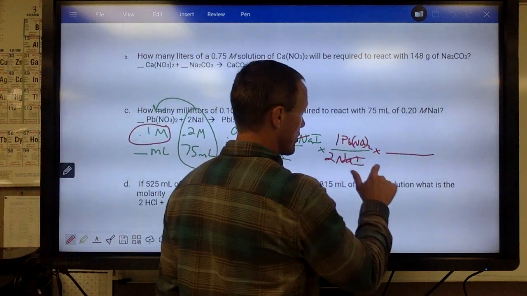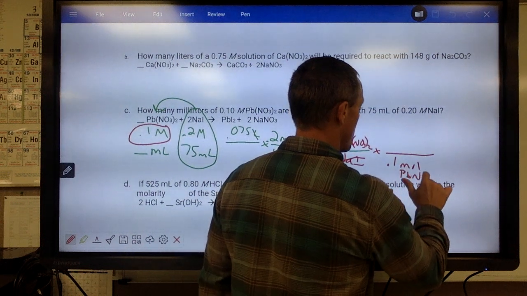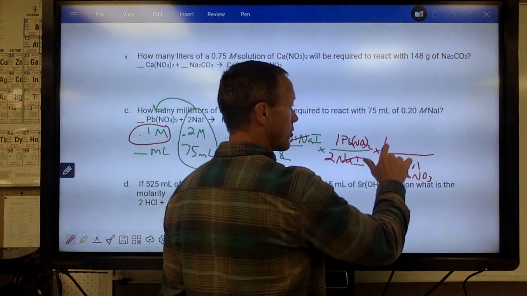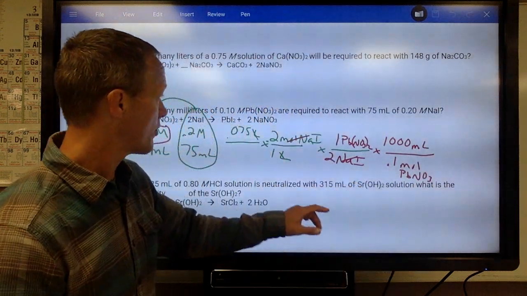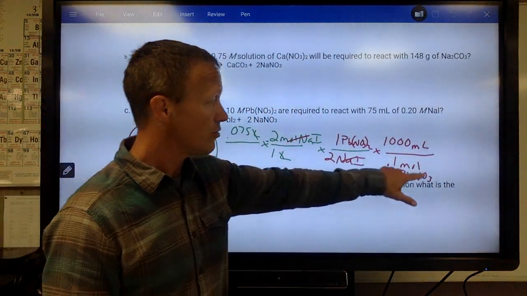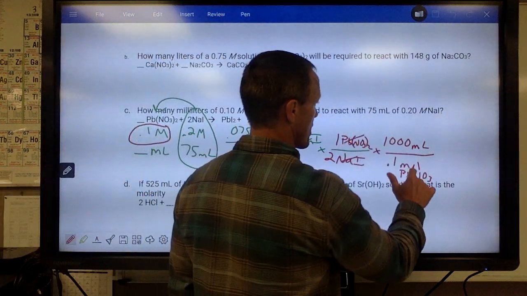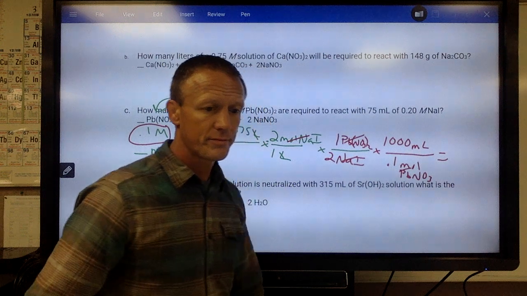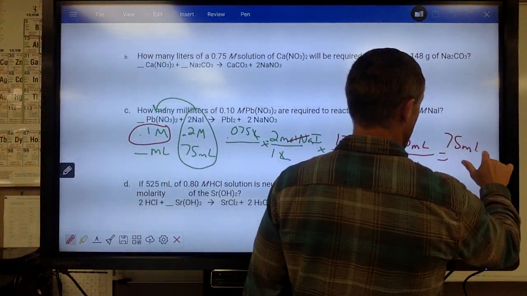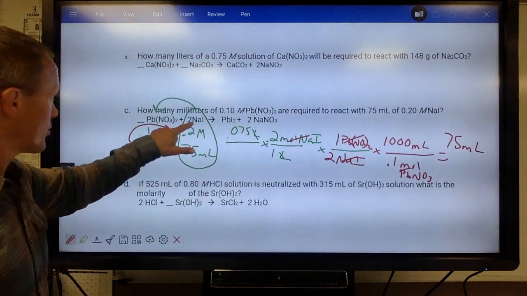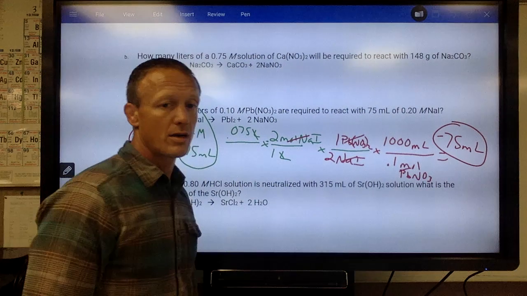So this is moles here, so we're going to say there's 0.1 moles of lead nitrate per liter or per 1,000 milliliters of solution. So we used molarity there of NaI, use molarity there of PbNO3. Let's cancel with that. When you're done, your answer is going to be 75 milliliters. So it was the same number of milliliters because it was half as concentrated, and they're supposed to be in a 2-to-1 ratio. So we need 75 milliliters of that to react.